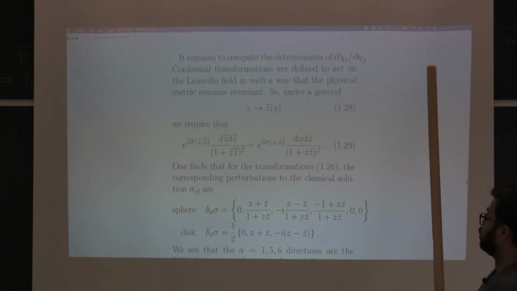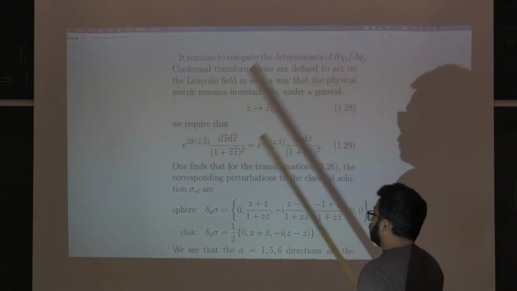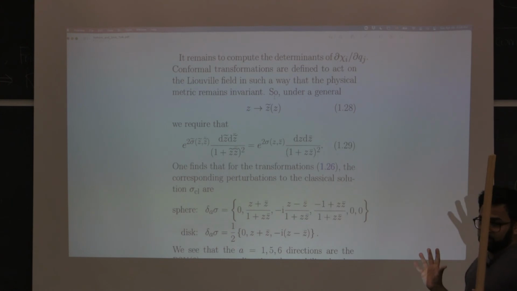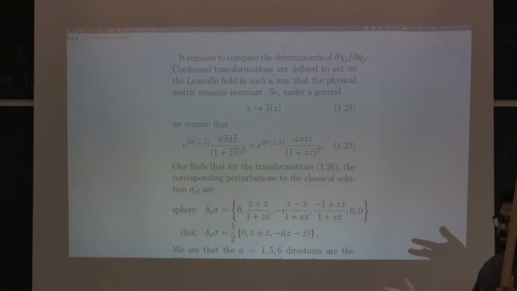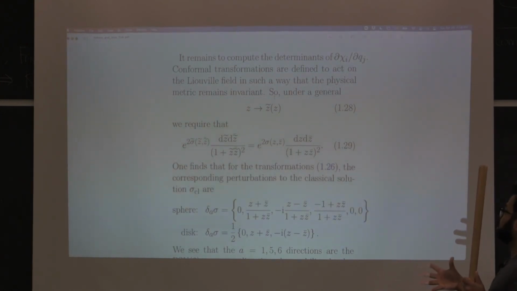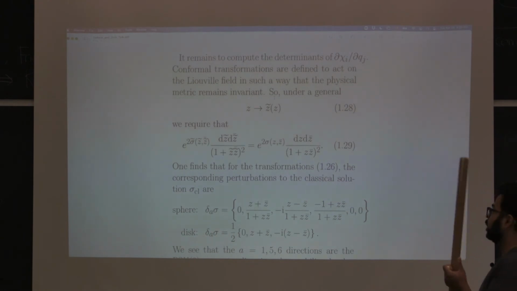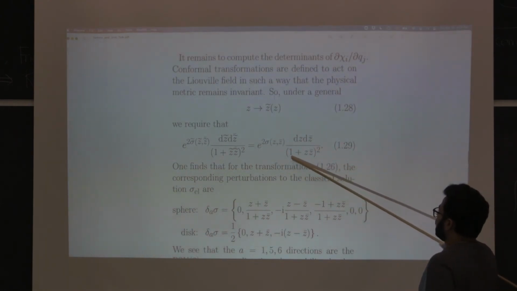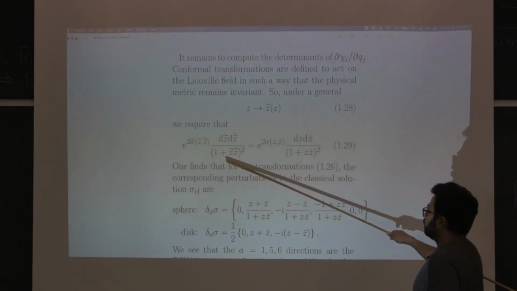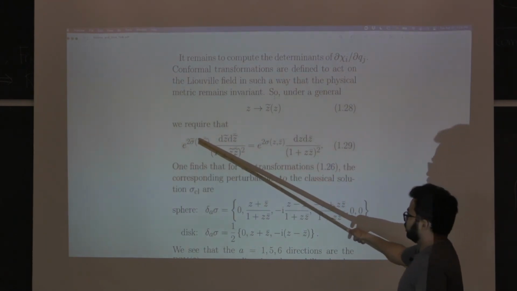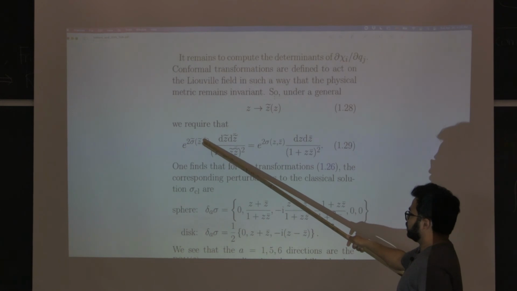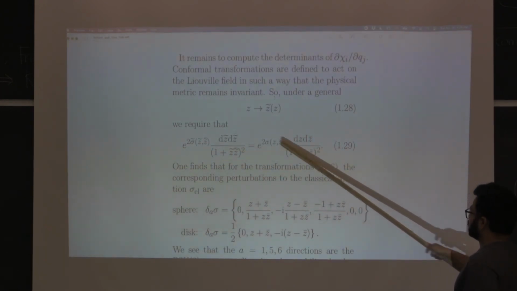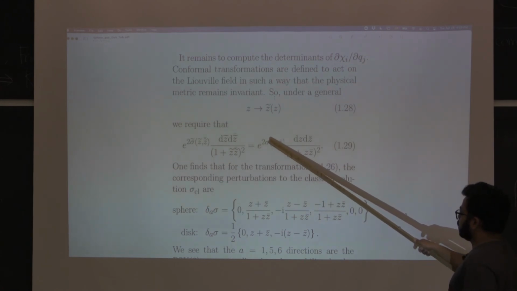Okay, so now we are left to compute how, when we act with one of these geometrical transformations, the B1, B2, B3, the sigma changes. And that's simple. We have the full metric, and that should be invariant. That's the definition of how the Liouville field transforms under PSL2C. If this part were not invariant, then sigma would not be invariant.